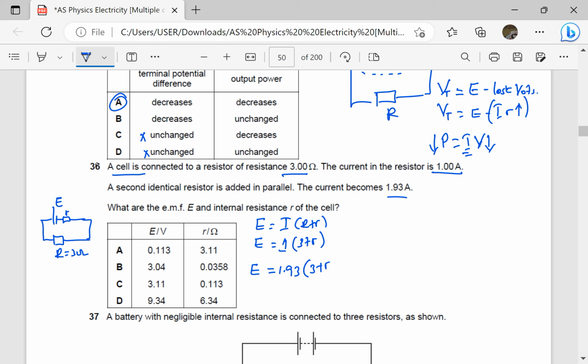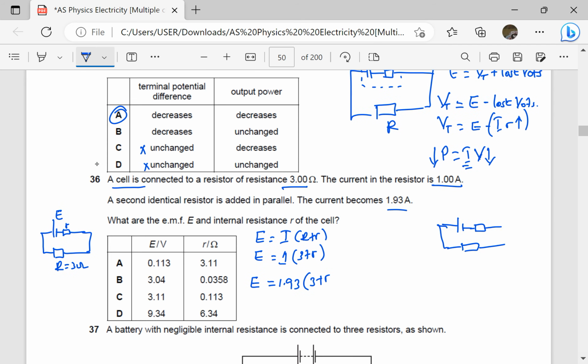For the second case, we have the same battery, the same internal resistance, and the same fixed resistor, which is connected in parallel with another fixed resistor. So this is 3 ohms, 3 ohms.